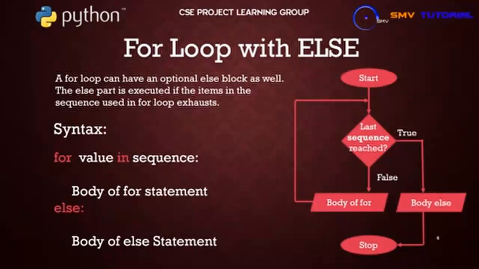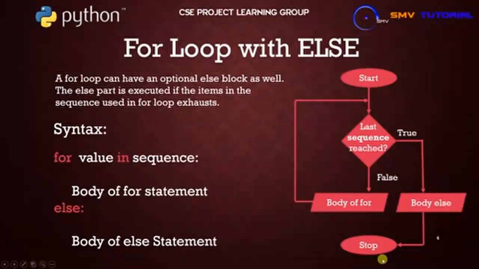Sorry, that is not the body of for, that is the body of else. And finally it stops. While the sequence is not complete, it continuously loops the body of for. Finally, when the sequence is complete, the check shows true, and the body of else is executed.